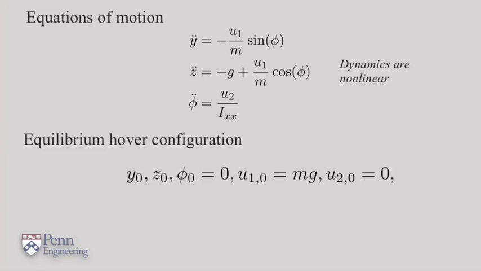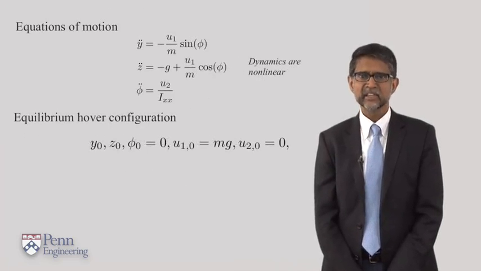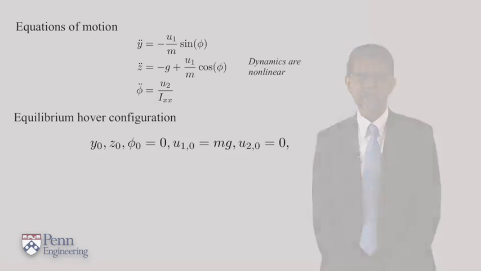The hover configuration can be at equilibrium only if the thrust vector u1 opposes the gravity vector. So at hover, the nominal value for the input u1 must equal mg. Further, the nominal value of u2 must be equal to 0. If it were not, then the vehicle would try to accelerate.